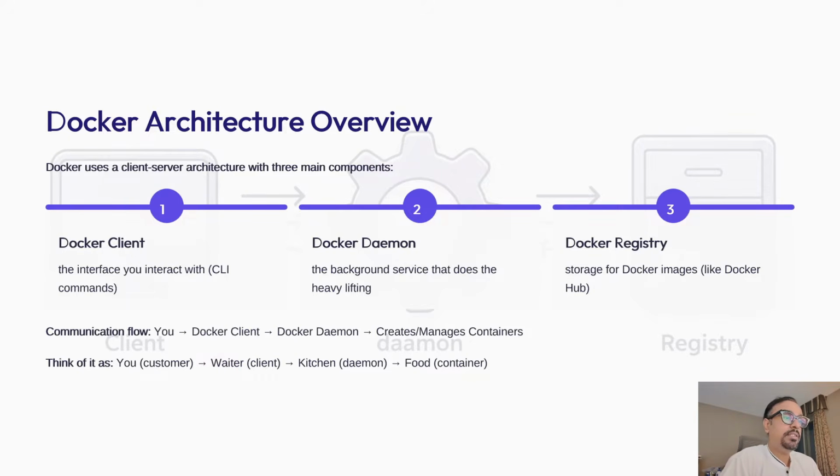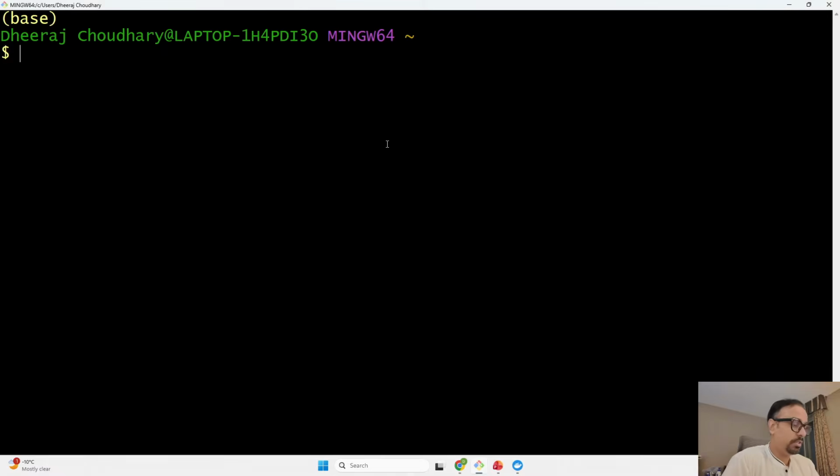Docker uses a client server architecture, which means it splits into parts that talk to each other. When you type a Docker command like docker run, you are using the Docker client. This is the command line interface that we saw. Suppose I say docker run hyphen help.